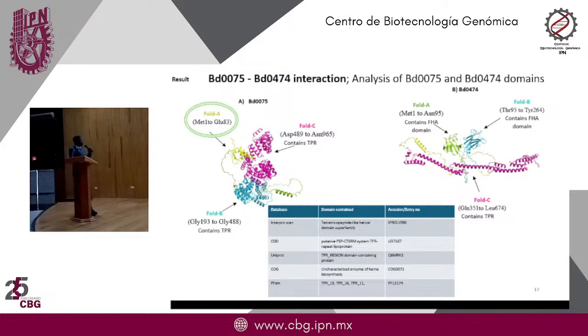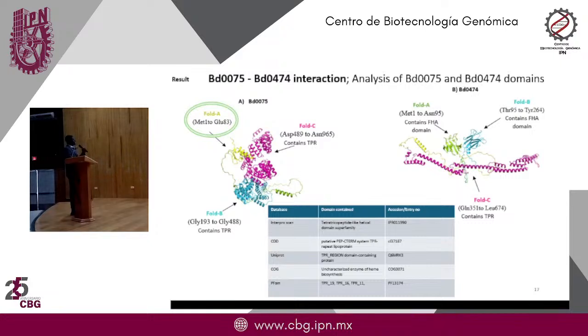For example, here, the fold B of the 474 had the FHA domain. The fold C had TPR domains. The same here, the fold C has a TPR domain, and the fold B here has a TPR domain.